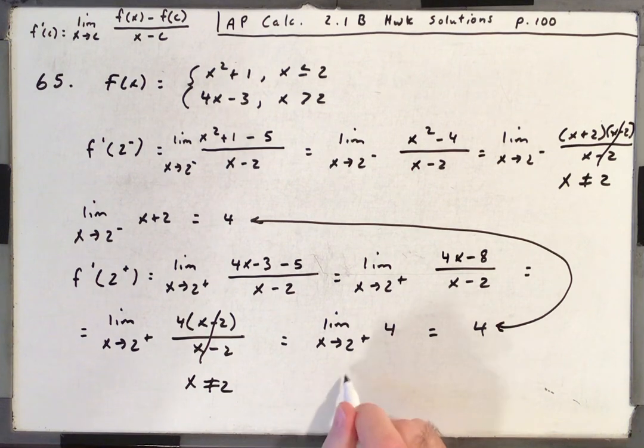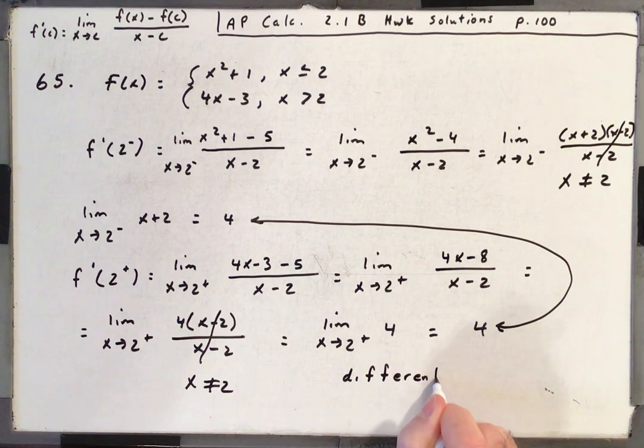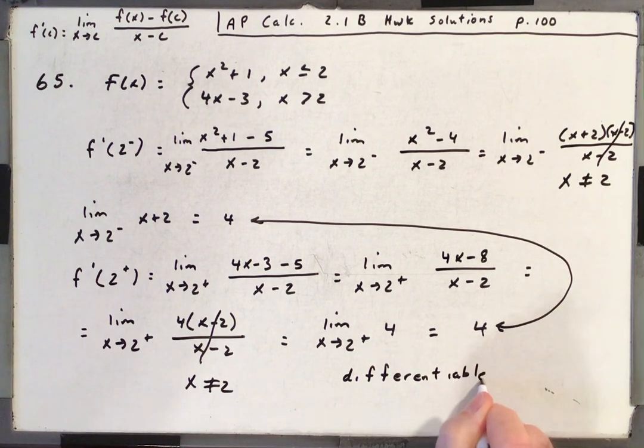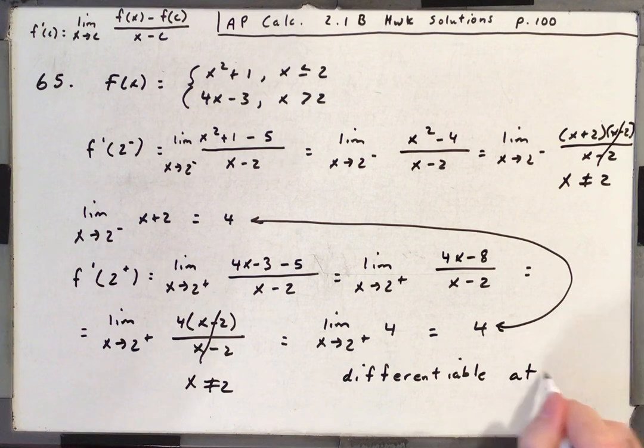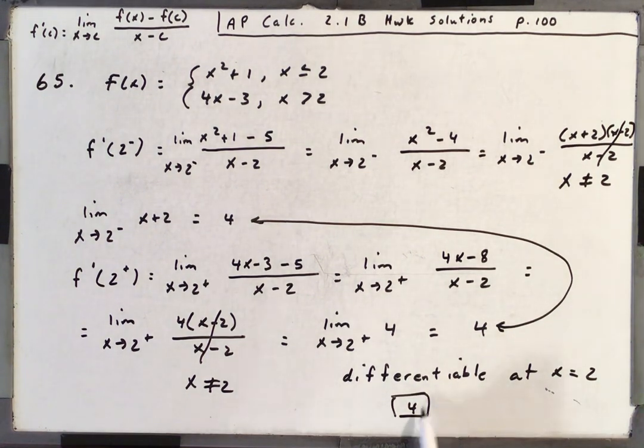So this function is differentiable at x equals 2, and the value is 4. We know the slope of the tangent line at x equals 2 is 4.